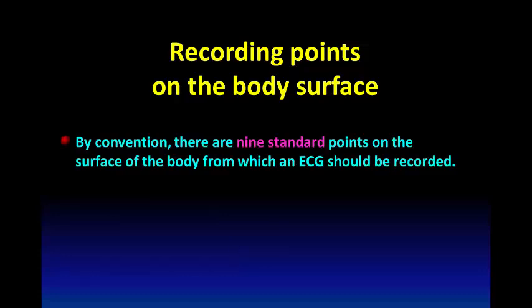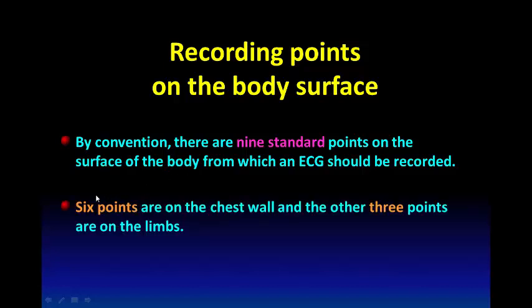However, by convention, we record the electrical activity of the heart from the surface of the body. We record the ECG from 9 standard points on the surface of the body. 6 of these recording points are located on the chest wall, and the remaining 3 points are on the limbs.